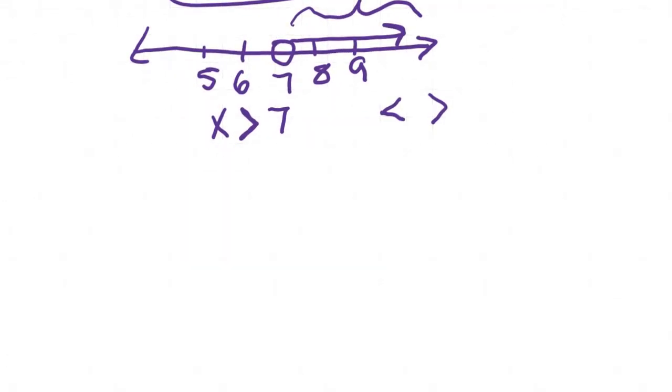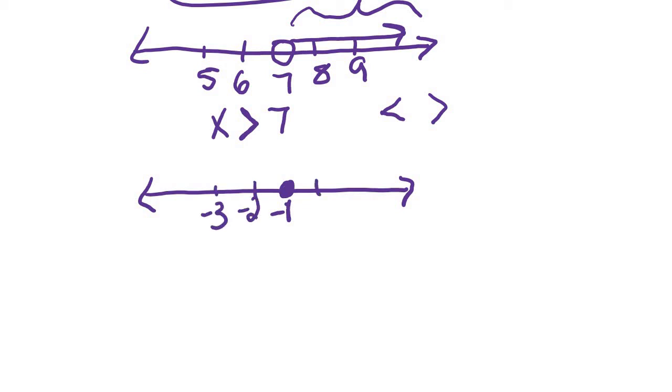All right, last example, and I think we should be good on this. So let's say we have solid circle, -1, -2, -3, 0, 1. And it's pointing that way. All right, so we write our variable, we write our key number.